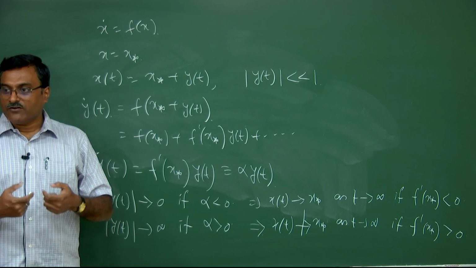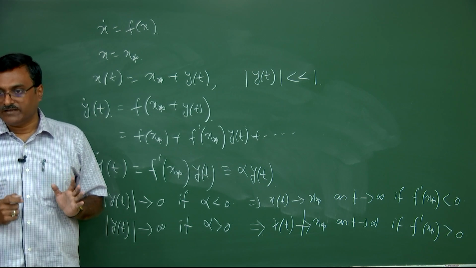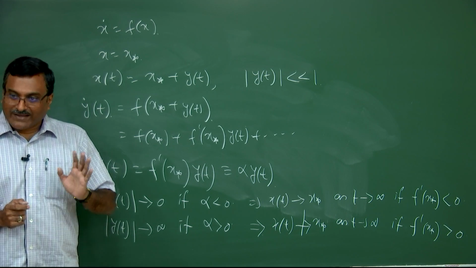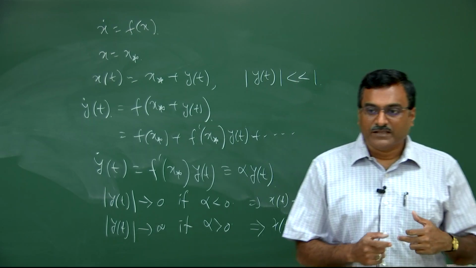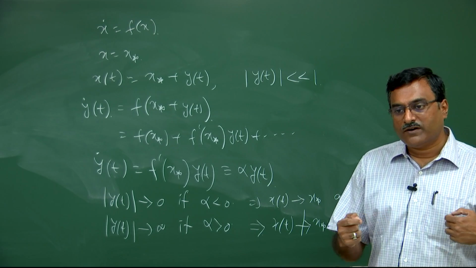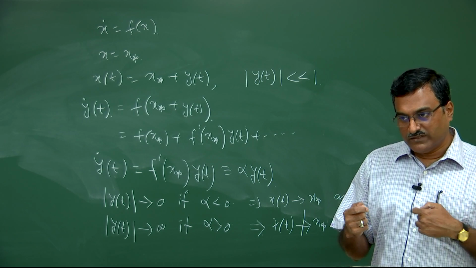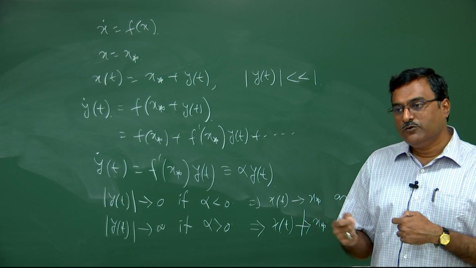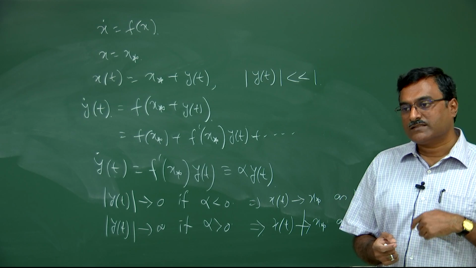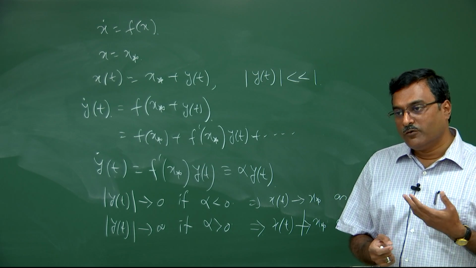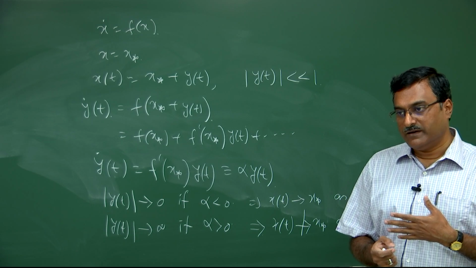So we cannot say anything from the linear stability analysis. In that case, which I will not be covering within this lecture, you can use some Lyapunov function technique in order to judge the stability. But of course I will give you one simple example in this lecture itself in order to understand the notion of global stability in terms of a single variable problem.